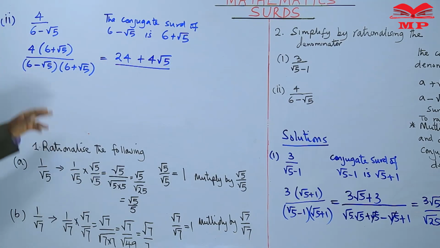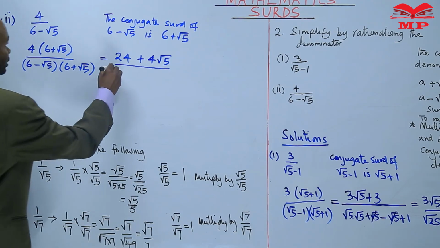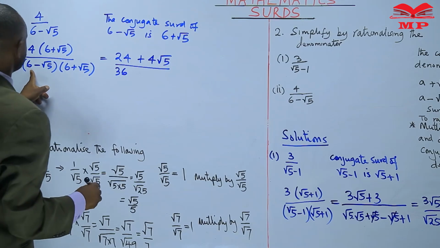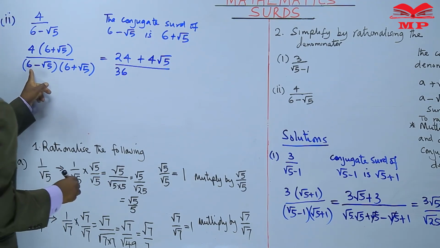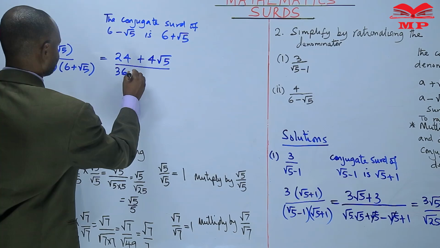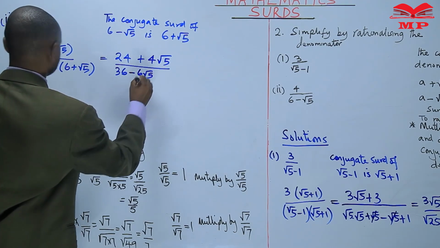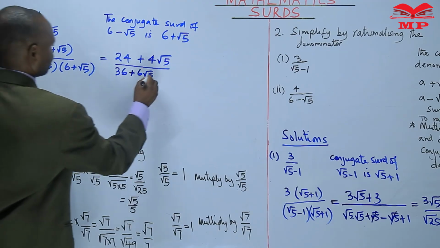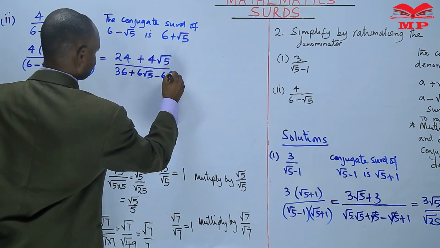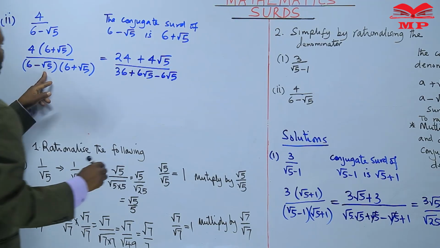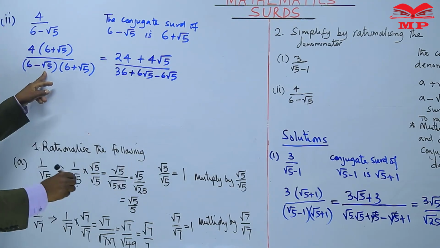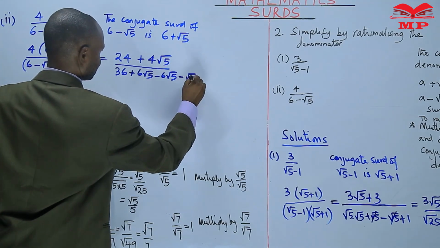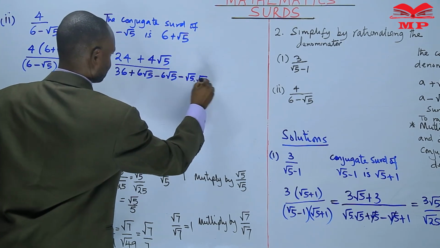We come down. 6 times 6 is 36. Then we have 6 square root of 5 minus 6 square root of 5. You start with plus, then minus 6 square root of 5. Then you finish up with square root of 5 times square root of 5.